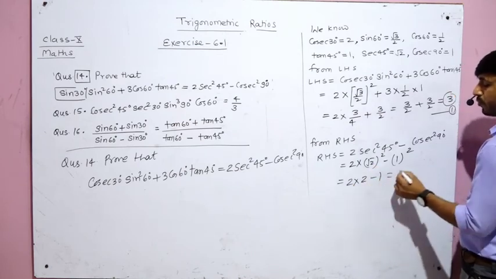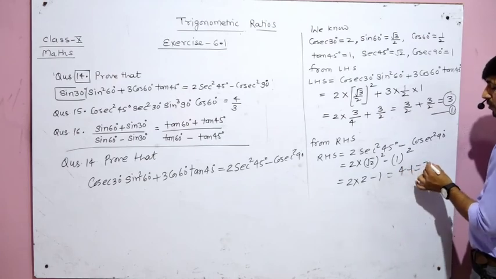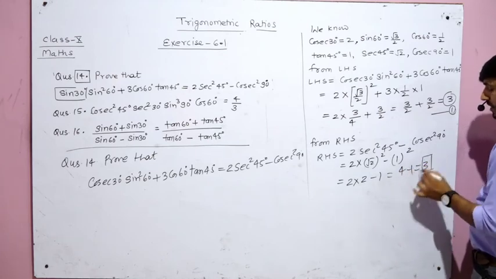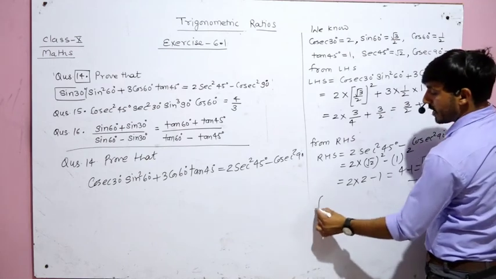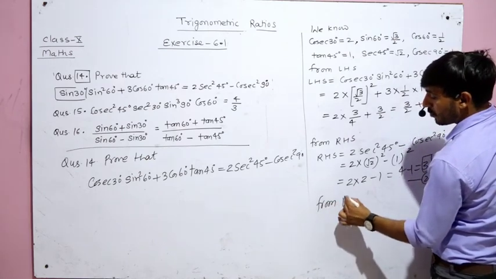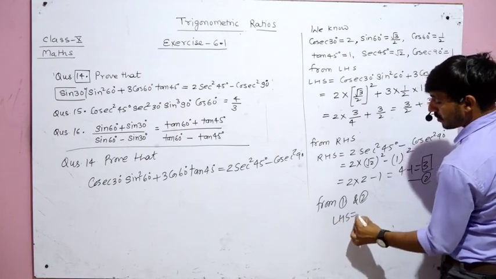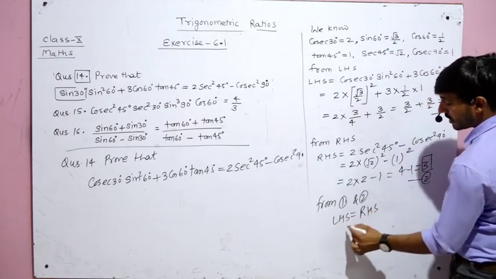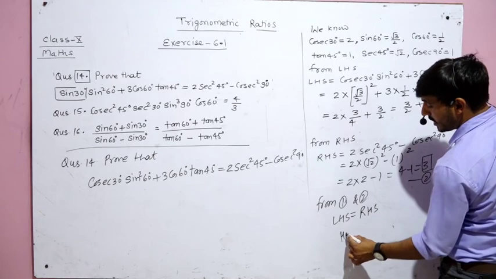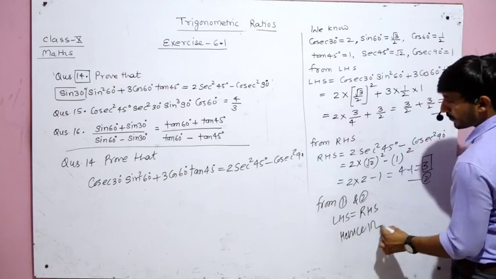It means 2 into 2 is 4, and 4 minus 1 is equal to 3. From equations 1 and 2 we have LHS equal to RHS. That's why we can say this question is hence proved.